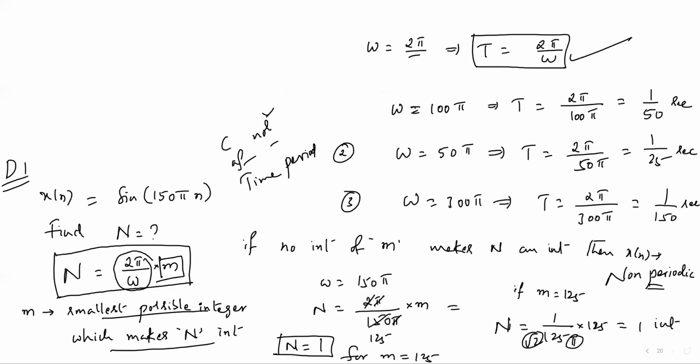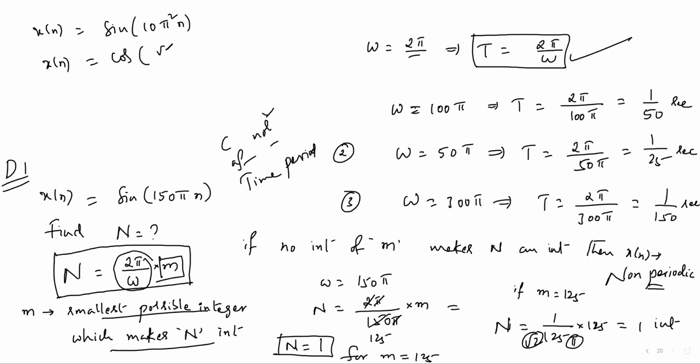A non-periodic signal example I will give you: sin 10 pi square n, or x of n equal to cos root 3 pi by 2 n.